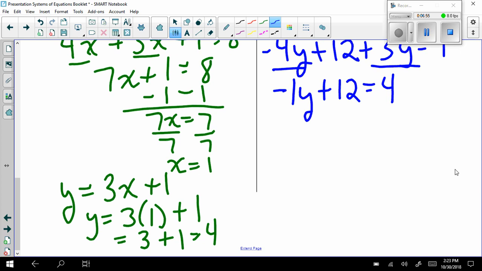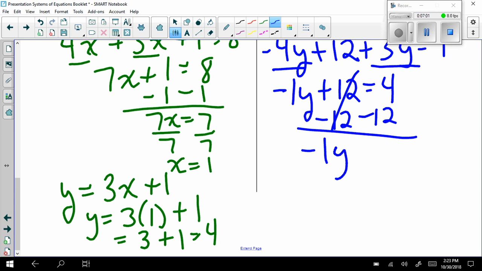Continuing to solve, I'm just going to keep going until I get the y by itself. Signs are different, so I subtract and keep the sign of the larger. Dividing by negative 1, I get y equals 8.